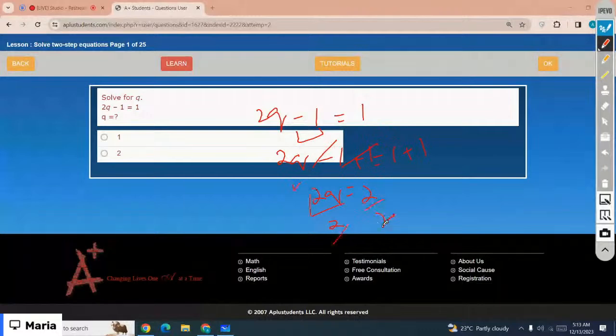So 2 times 1 is 2. The correct option is q equals 1, right? The correct option is q equals 1.